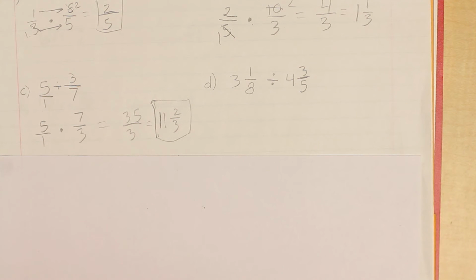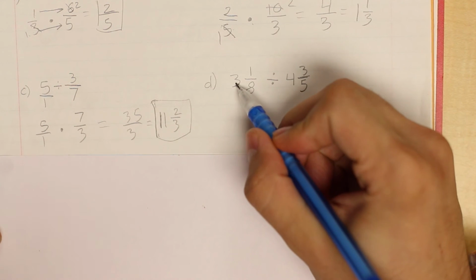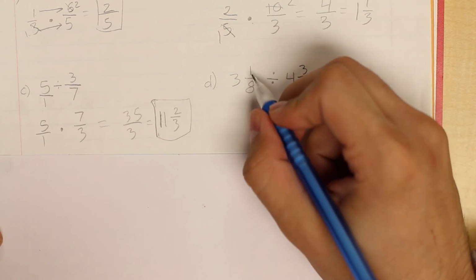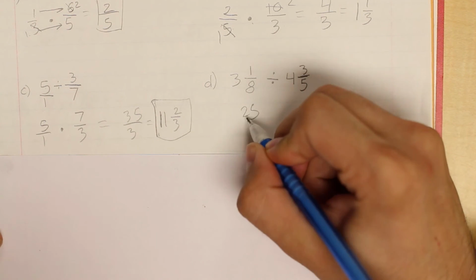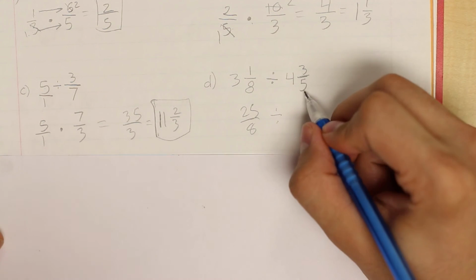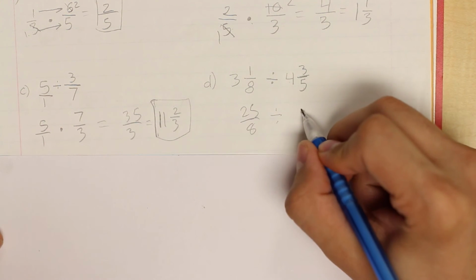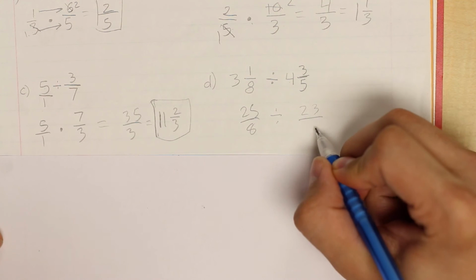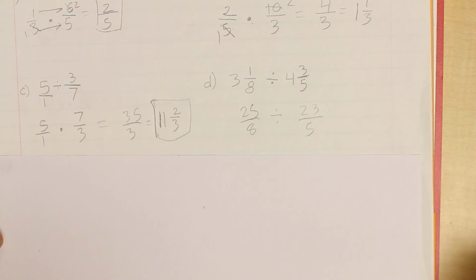Not really that serious, but you will get the wrong answer if you don't do it the way I'm telling you to do it. Sorry. 8 times 3, 24, plus 1, you get 25 over 8. Divided by, we haven't changed it yet, 5 times that, you end up with 23 over 5.